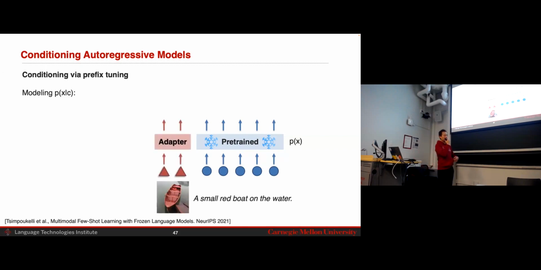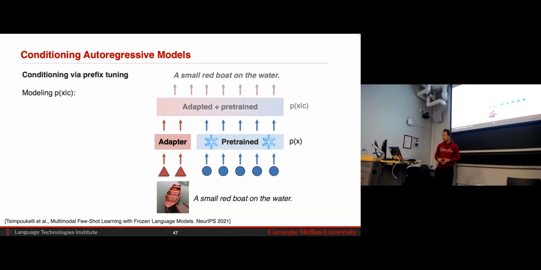And all I can do is take in an image, or any other modality that I want to condition these language models on, as an input. So over here, the image, with these red triangles depicting the image, and I can train an adapter, right? This adapter is essentially a model that takes a raw image, or maybe you can start from image features, and you bring them into language model space, right?